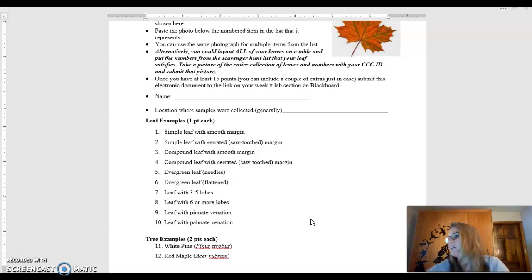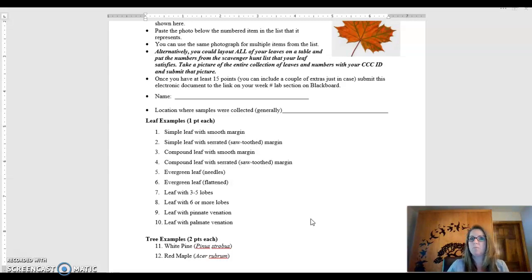You could take a marker or a Sharpie and try to write the number on the leaf so I can see it. So you put number 1, number 7, and whichever number from below, or you could just make a little piece of paper and put it by the leaf on your table.